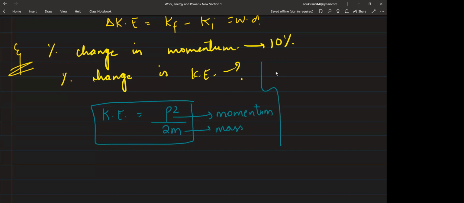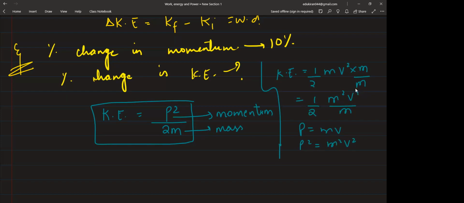How can we say this? See, kinetic energy, we have studied it as half mv square. So multiply it and divide it by mass. So this is half m square v square by m. You know momentum is m into v. So square of momentum will be m square v square.